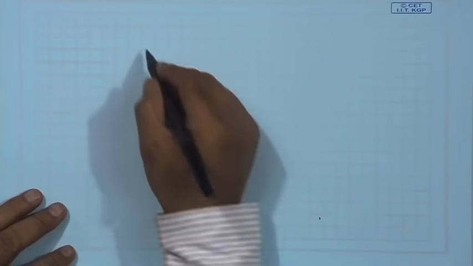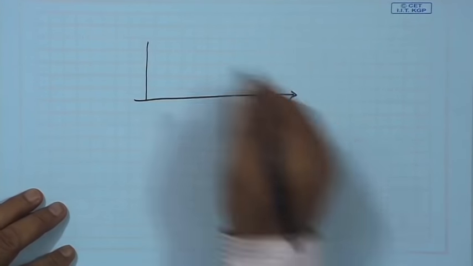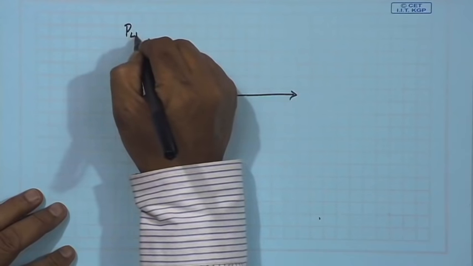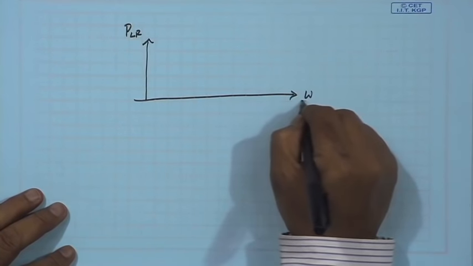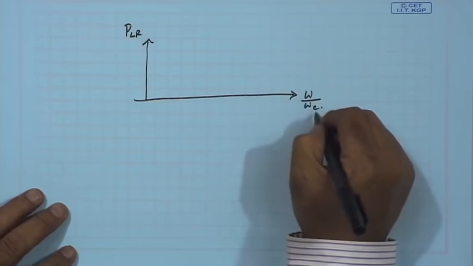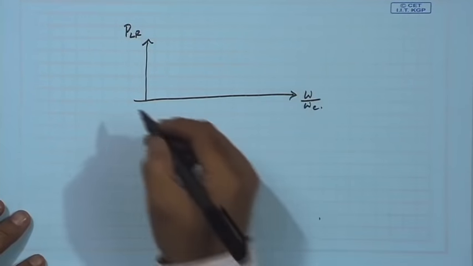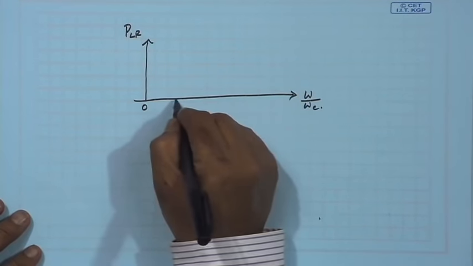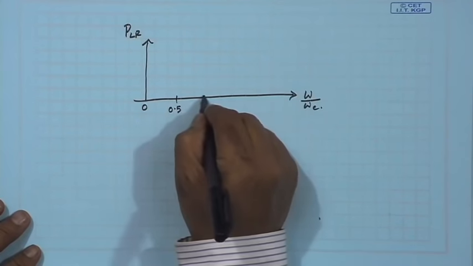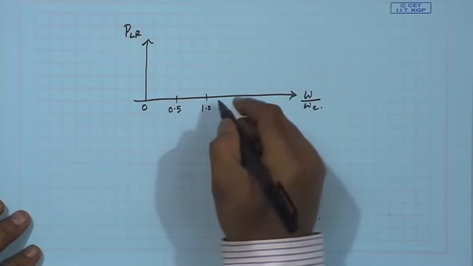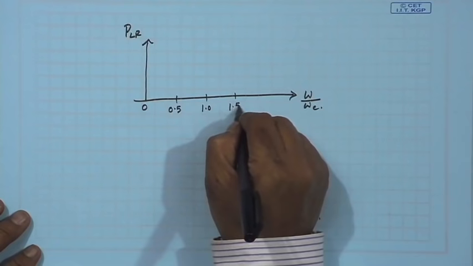So, we can plot this PLR versus omega by omega c, normalized with respect to omega c. So, I know the values will be like this: 0.5, 1, 1.5 etcetera.